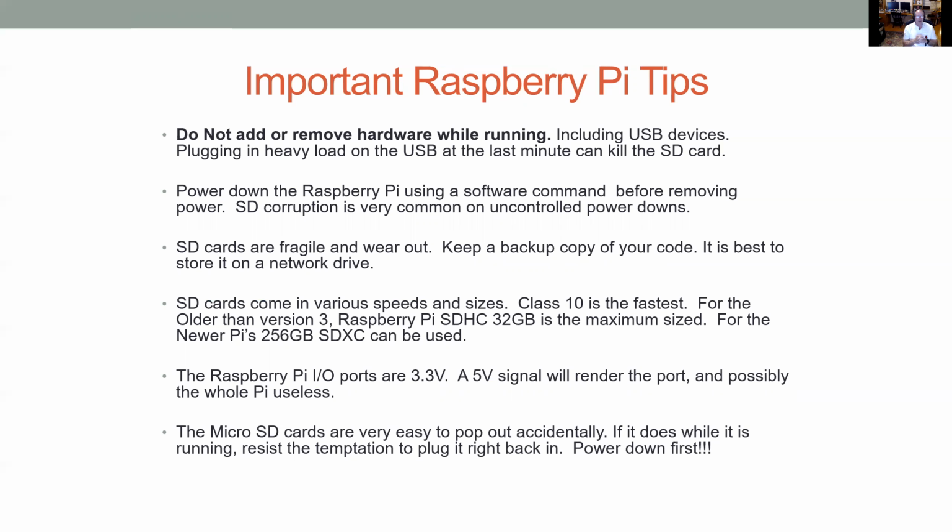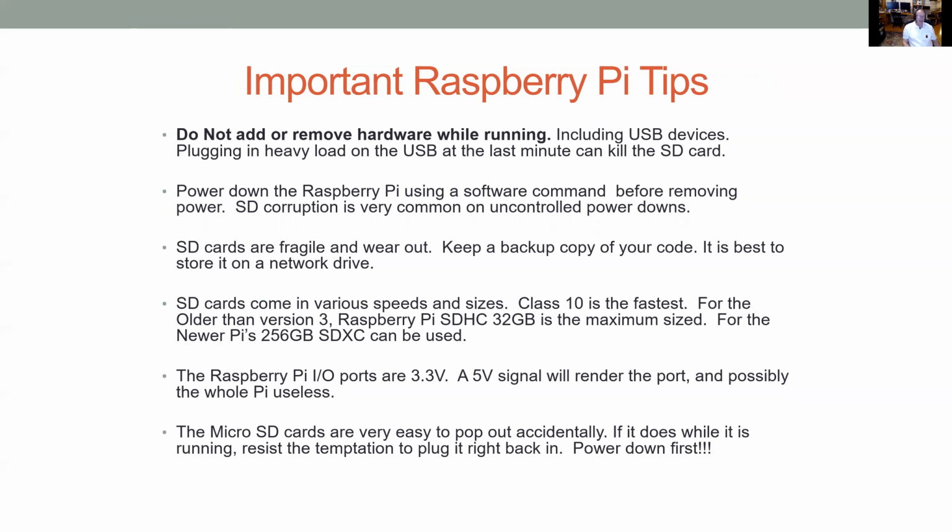The Raspberry Pi ports are 3.3 volts. If you put a 5-volt signal on there, you will probably render the port and possibly the whole Pi useless. I have personally popped a couple of ports and had to just throw out a Raspberry Pi because those ports were dead because I put a 5-volt signal on it.